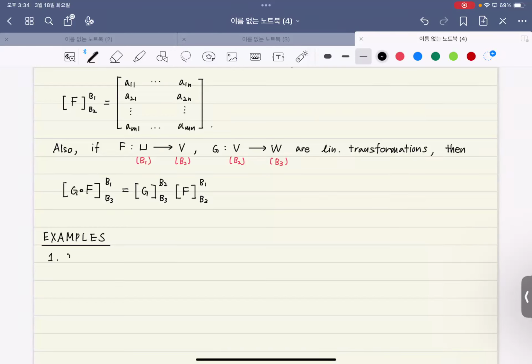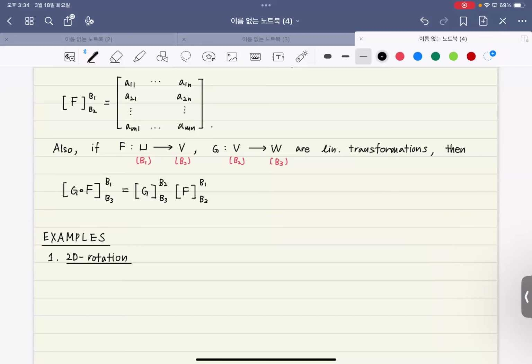Well, I will begin with the rotations. By the way, the reason that I try to make a matrix representation in terms of the standard basis is not because the standard basis is mathematically more important than the other bases.